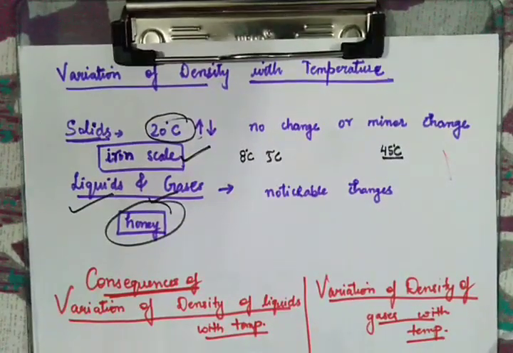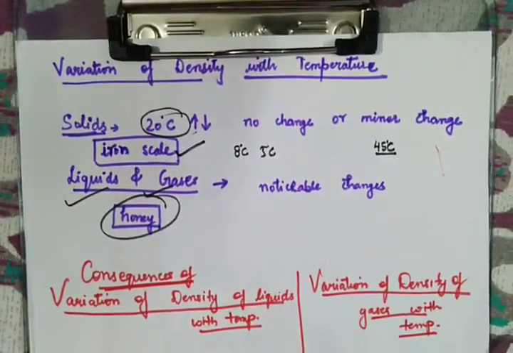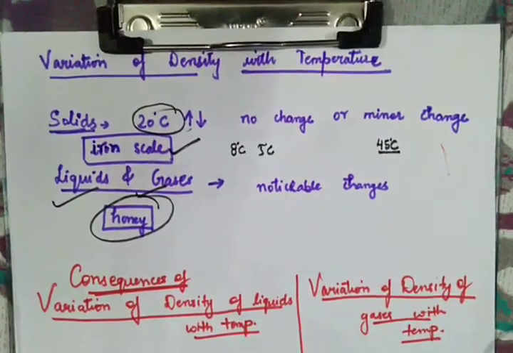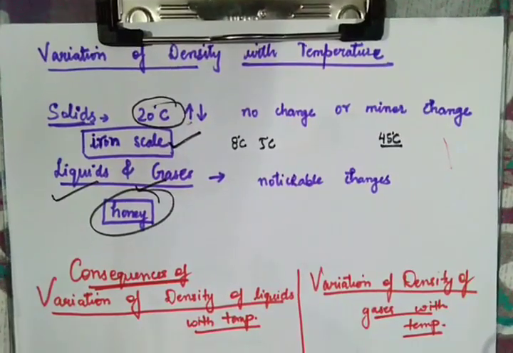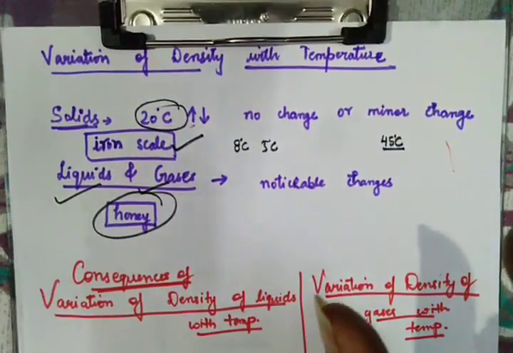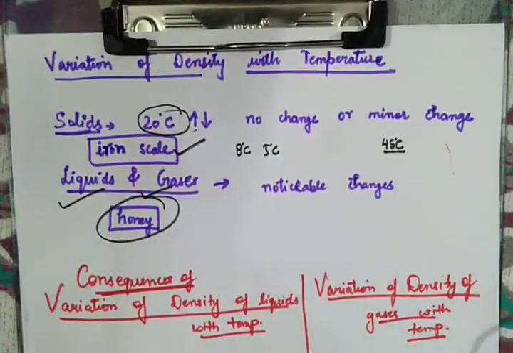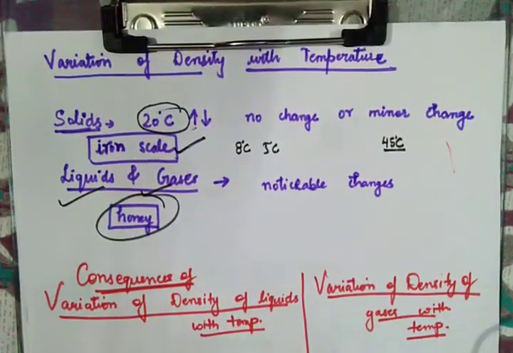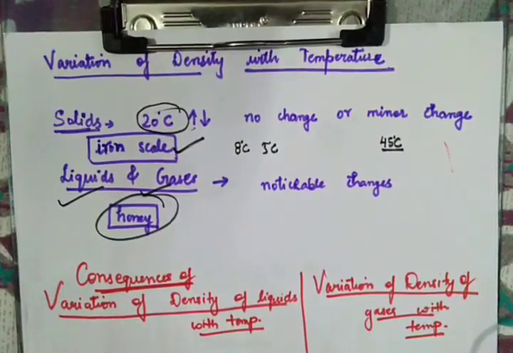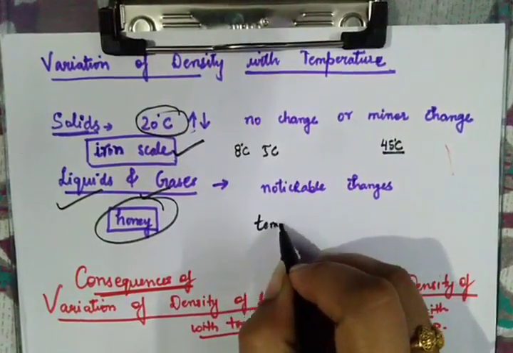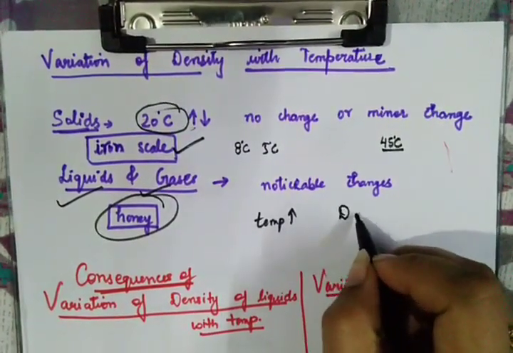You must have seen a honey bottle when we are using it in the summertime. The honey is quite flowy. You just have to reverse the bottle a little bit and the honey actually starts coming out from that bottle very easily. That means at that time when the temperature is high, the density is low.